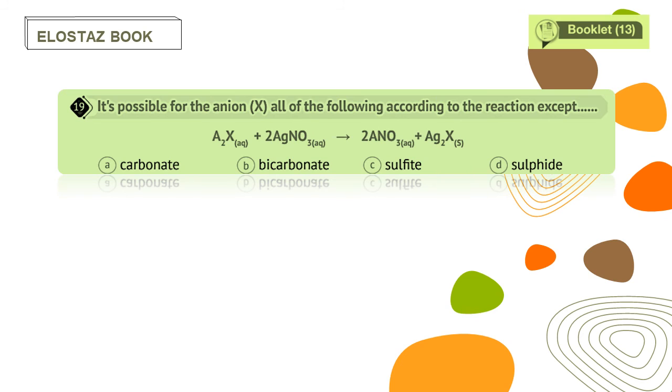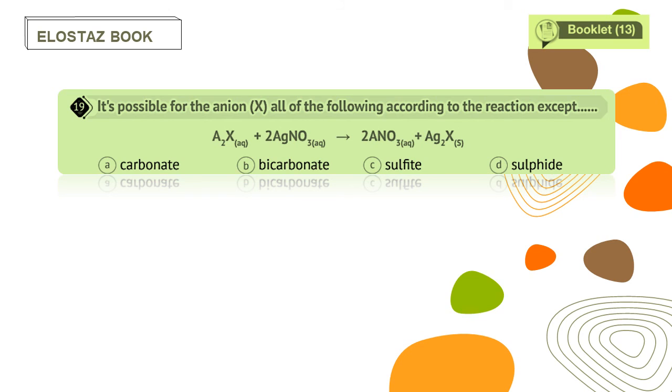We have here A2X aqueous plus AgNO3, silver nitrate aqueous, giving ANO3, and at the end we have a solid as precipitate, Ag2X as a precipitate. Okay, what will be the anion here that we have?